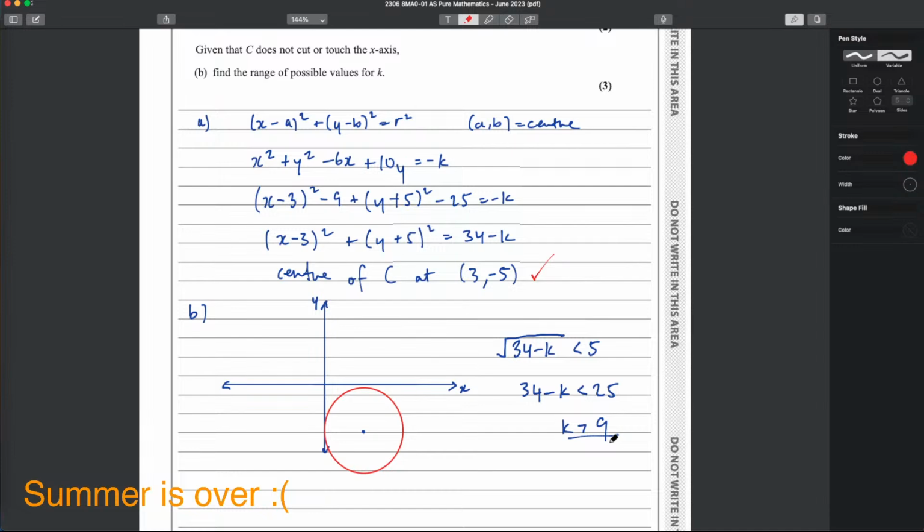It is greater than 9, but there's some detail that I missed. So we're not looking for x. We're looking for the radius of the circle. We're not bothered with any values of x. We're looking for r, the radius. So there's a detail I missed. So I would not have got 4 marks for this question, sadly. Can anyone tell me what I missed?